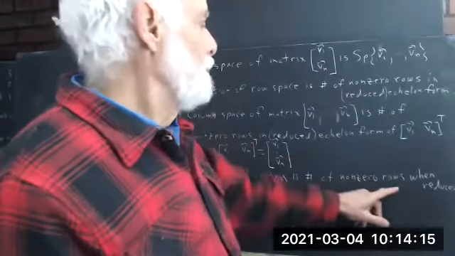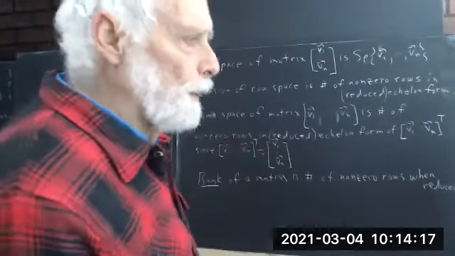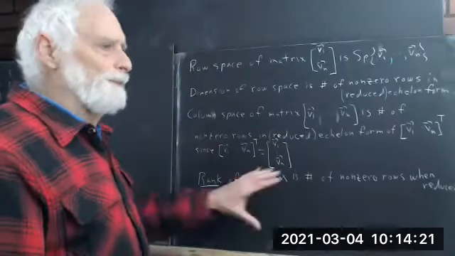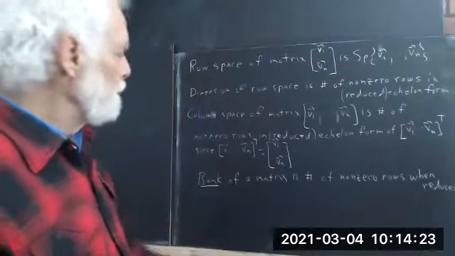I'm just saying the number of rows when reduced because I don't want to put all the words up here for sake of time and space. Board space, not vector space.